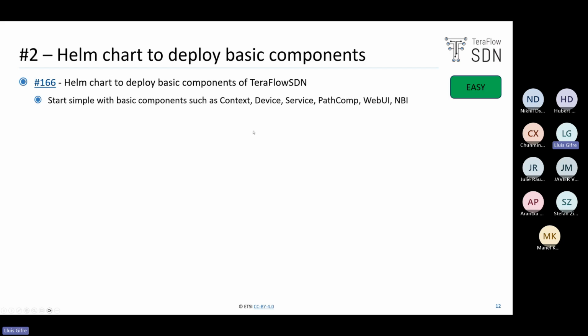Okay, this should not be something difficult, but it's something that will enable something that we were discussing this morning in the plenary, that is combining multiple Helm charts with some automated configuration and enable to deploy different flavors of TeraFlow without having to customize each and every configuration. Okay, so with that you will be contributing to the future of TeraFlow deployments. And I think that this is something interesting.